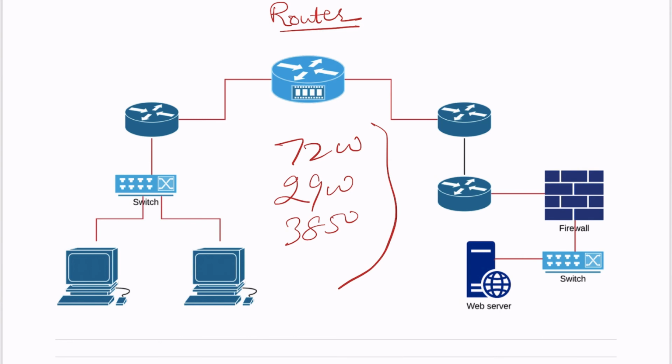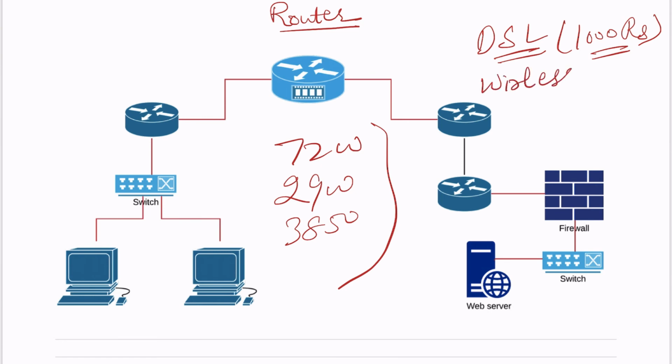At home, we use DSL routers, which are very low cost. It will not cost you more than 1000 rupees. Nowadays, ISPs are giving it almost free with every broadband connection, and these are also wireless. Wireless router would mean that it will also serve you the IP address over wireless. And there are various other types of representations available for routers, like core router.